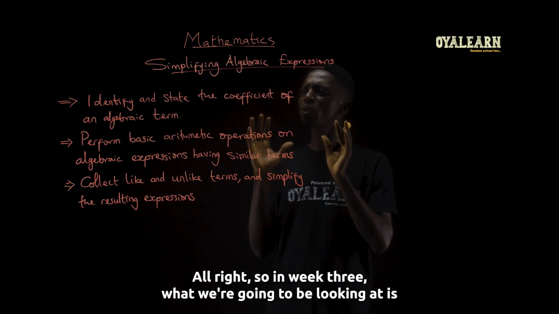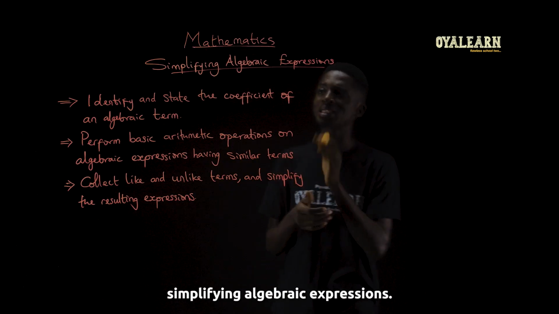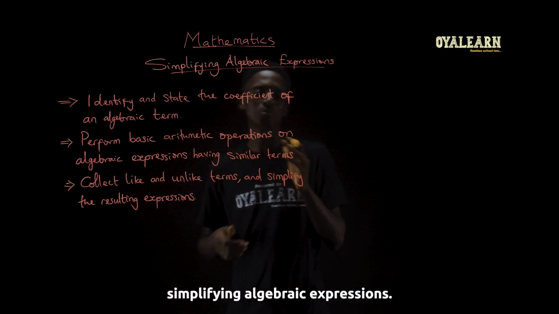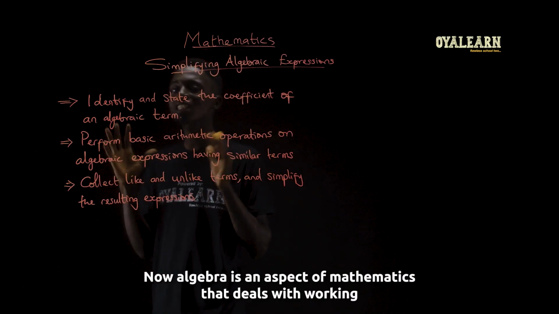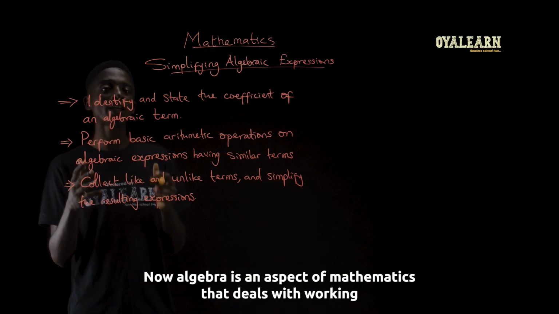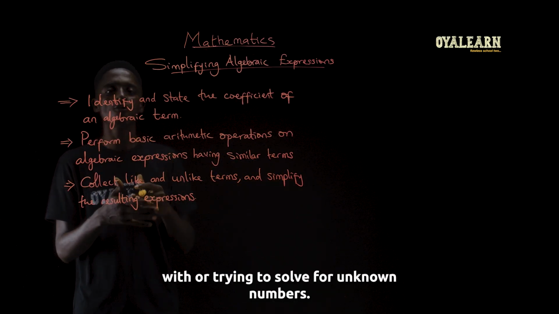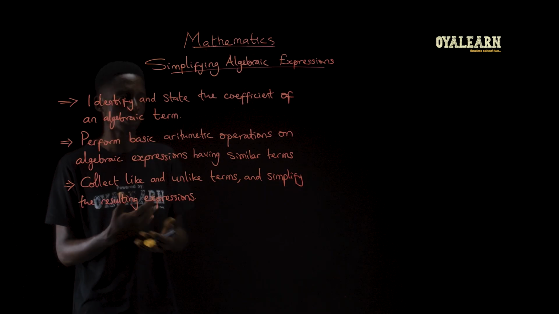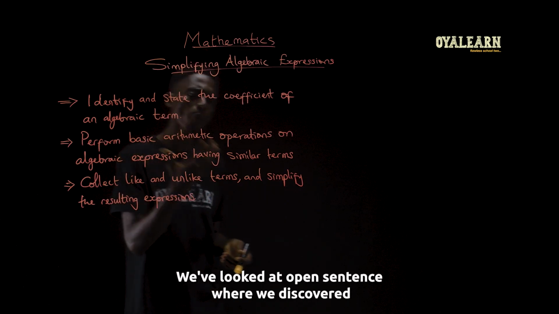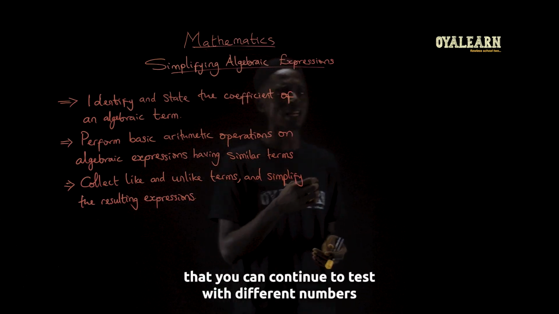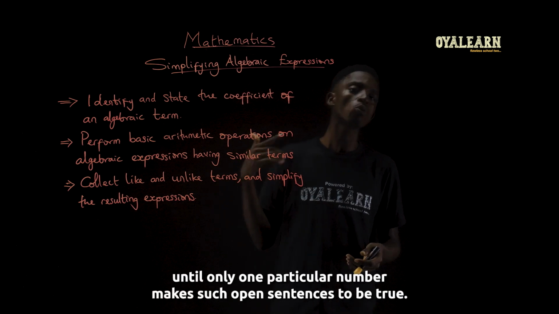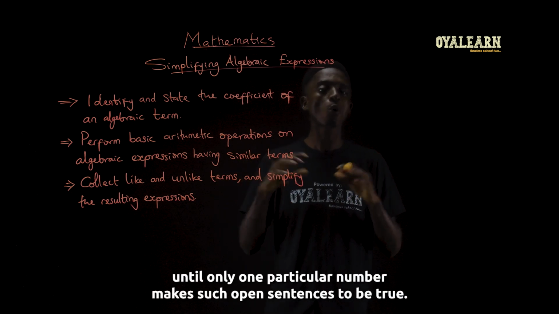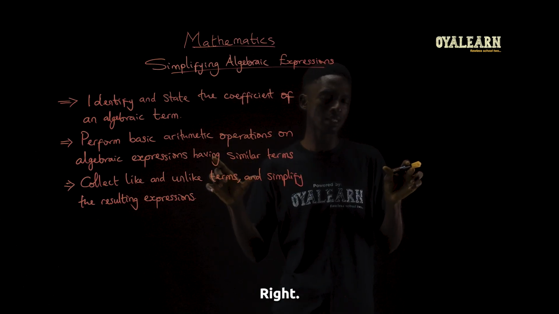All right, so in week 3, what we're going to be looking at is simplifying algebraic expressions. Algebra is an aspect of mathematics that deals with working with, or trying to solve for, unknown numbers. We've looked at open sentences, where we discovered that you can continue to test with different numbers until only one particular number makes such open sentences true.